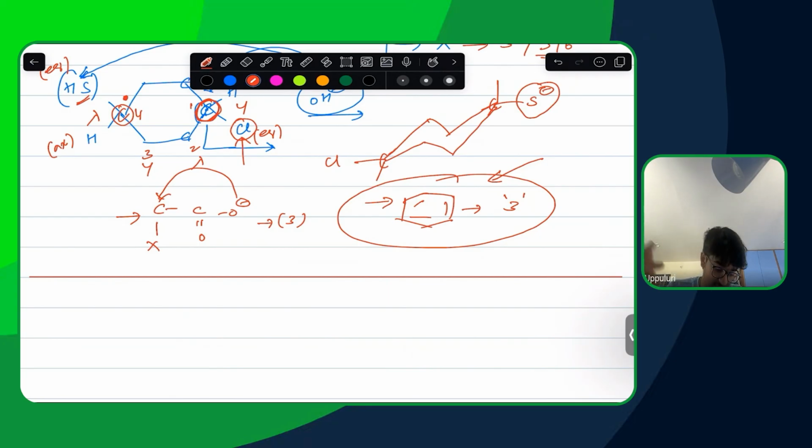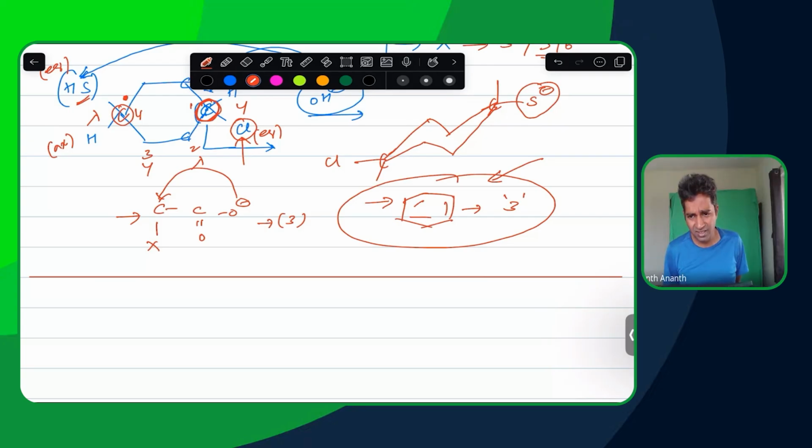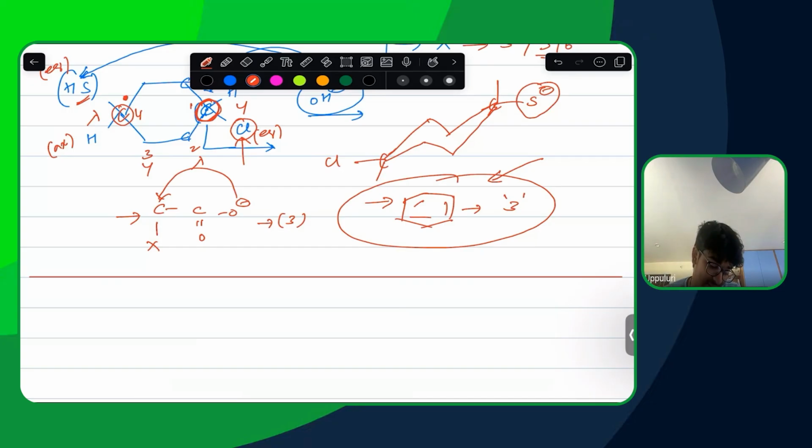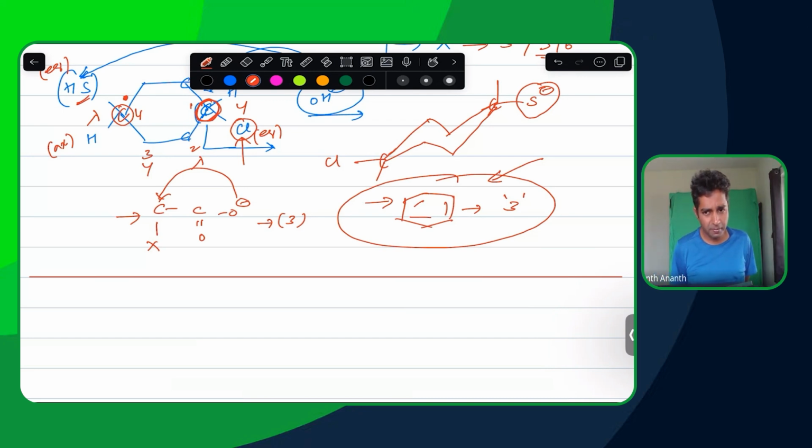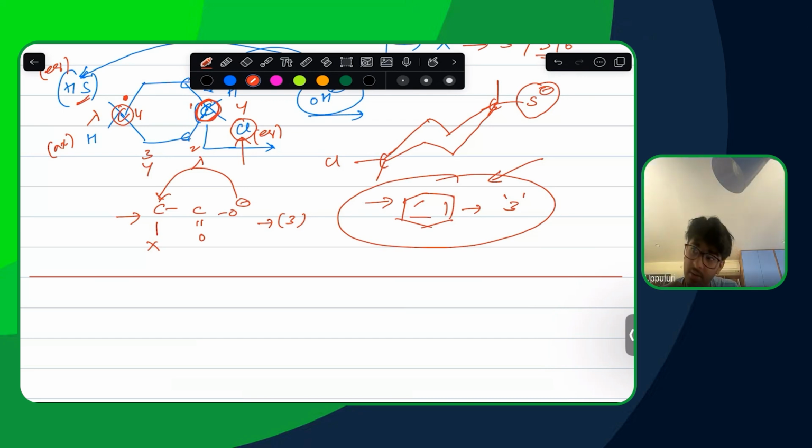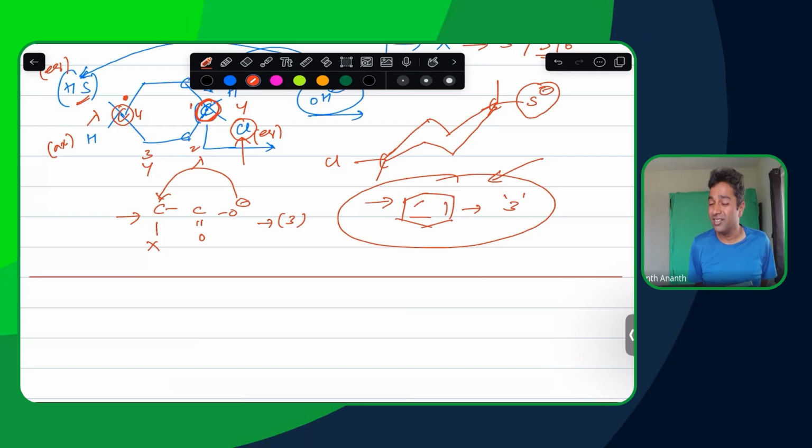It's cyclohexane with, at positions 1 and 2, CH3S and Cl, which are anti to each other.